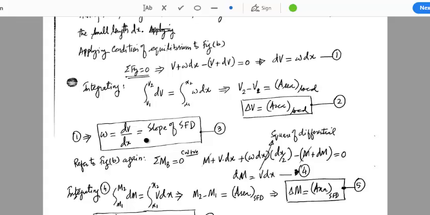The magnitude of the applied load is equal to the slope of the shear force diagram, and we have actually already used this relationship in our previous method without knowing the background of it. This is also an important finding of today's discussion. So let's label it as equation number 3. These two equations, equation number 2 and equation number 3, will be used to draw the shear force diagram using the direct method. Now let's move to bending moment.